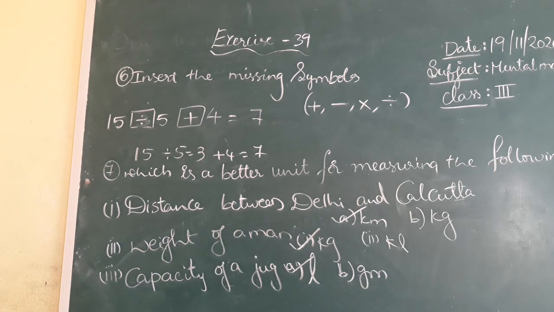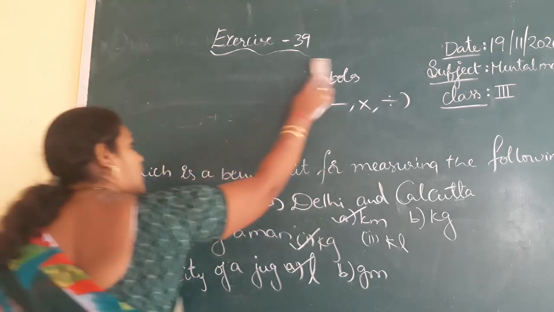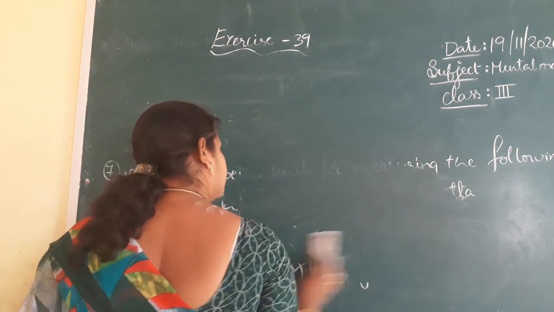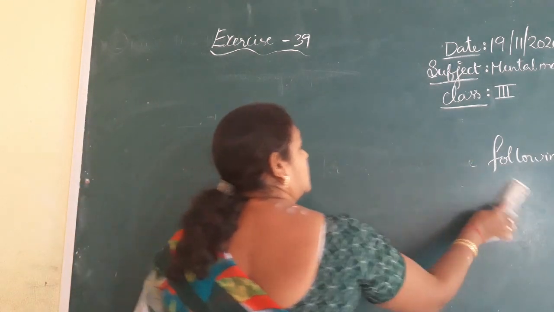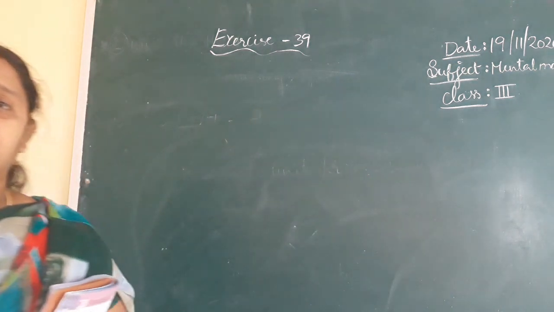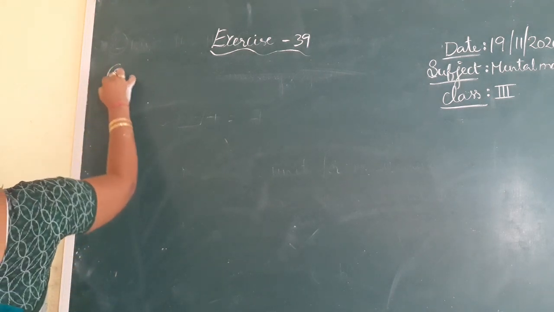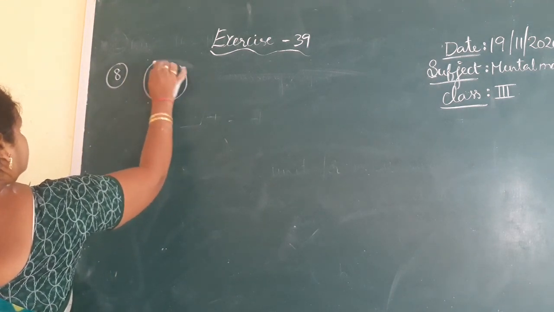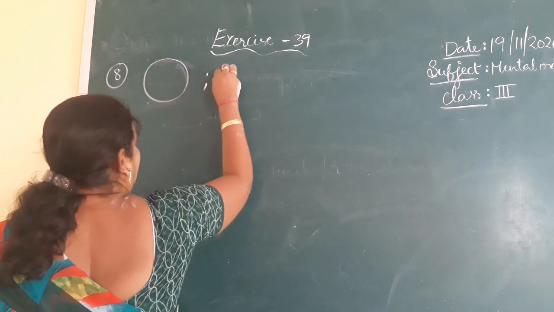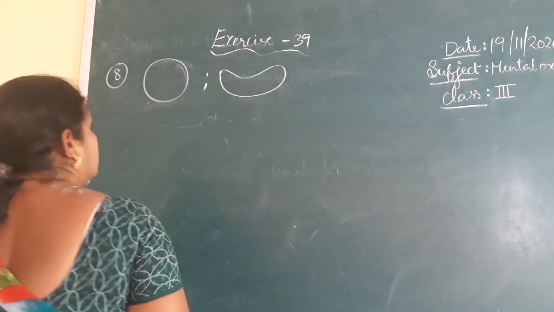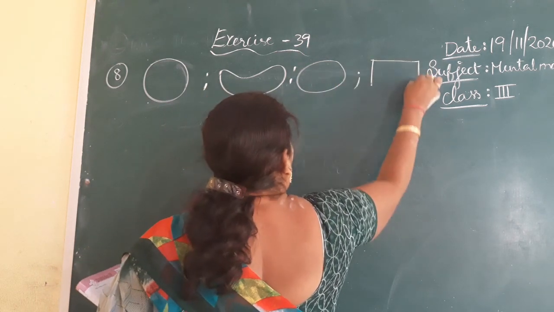See the next one. 10th one. Cross out the odd one. Eighth one. They have given some shapes: circle, an irregular shape, oval and a square.